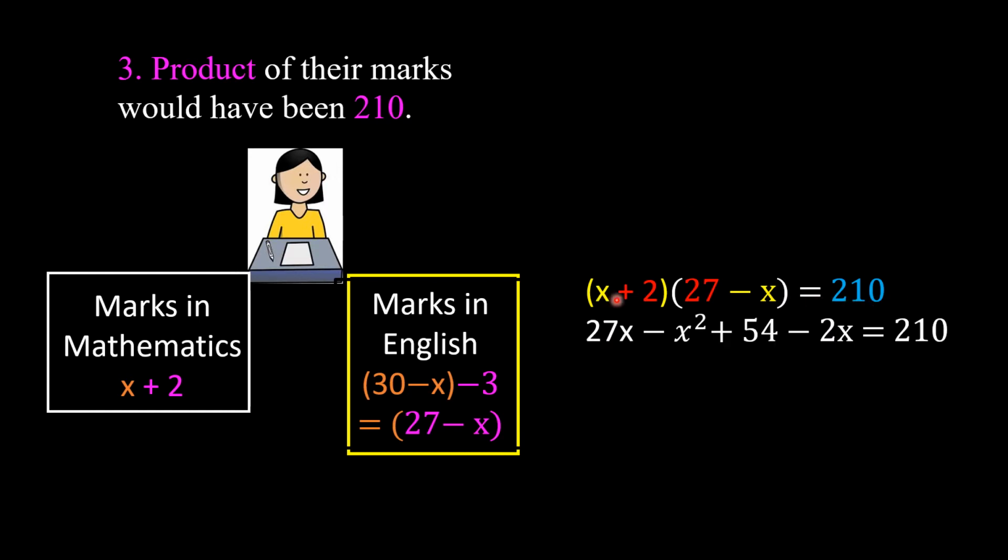X multiplied by 27, 27x, x multiplied by minus x is minus x square, 2 multiplied by 27, 54, 2 multiplied by minus x, minus 2x, equals 210. Now 27x minus 2x is 25x. We will bring this 210 to the left hand side, so it will become minus 210.